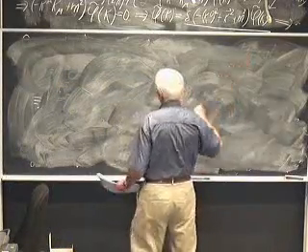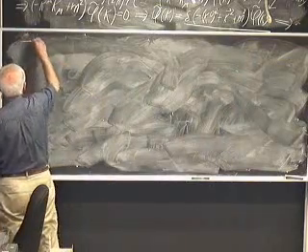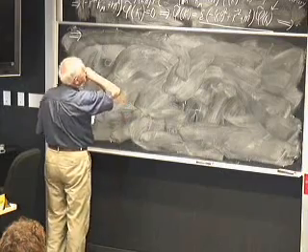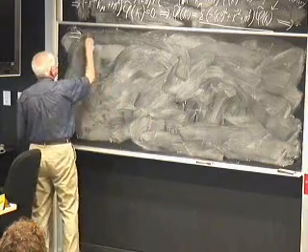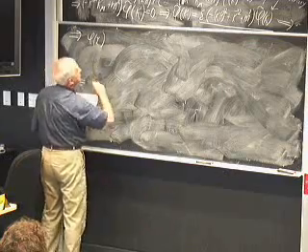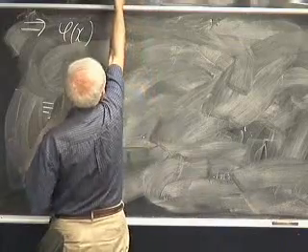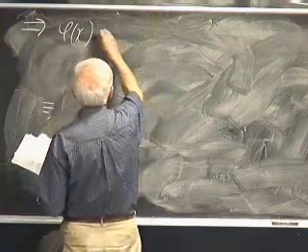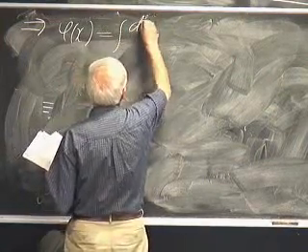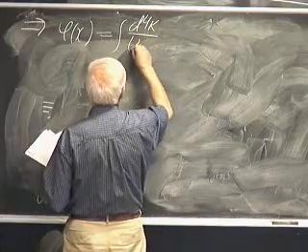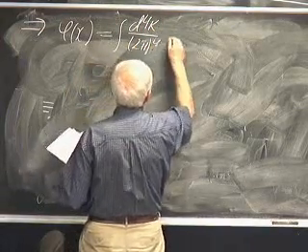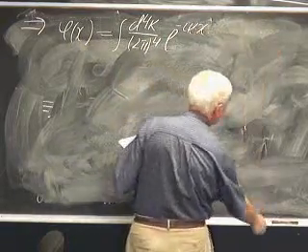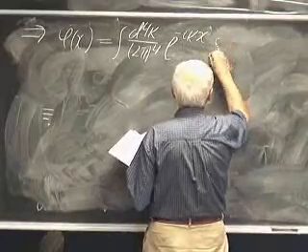Right? So we just substitute, and I want to substitute in phi x, just substitute f tilde k, and we have the delta.